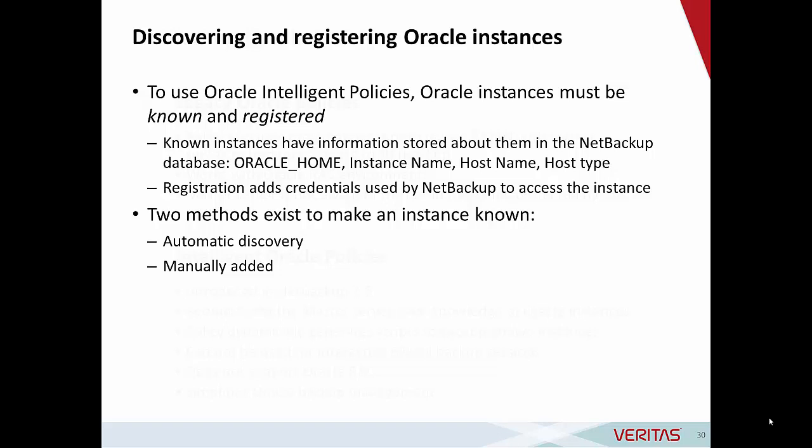Now, limitation here, these are not used for interactive RMAN backup sessions, and it does not support Oracle RAC, but it is a much simpler method for protecting Oracle, in particular because the backup administrator does not need a detailed knowledge of how RMAN works to accomplish it, nor do they have to take up a lot of the DBA's time creating these scripts, as would be required with the legacy method.